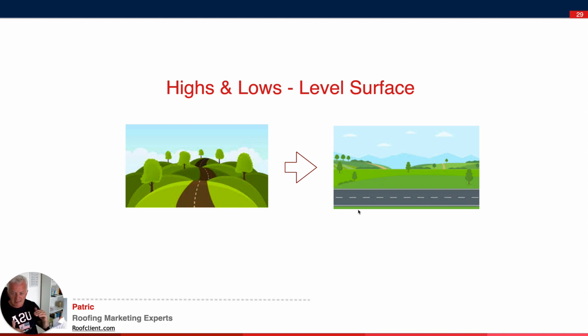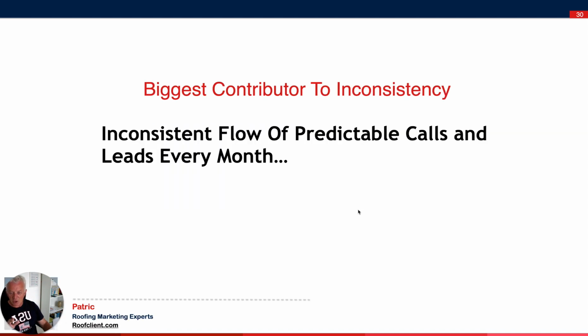So taking that into mind with the highs and lows, how do we move you onto a level surface and get a more consistent flow of calls and leads coming in, so you have some element of predictability in what you do?